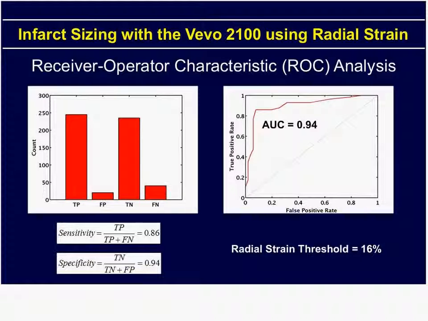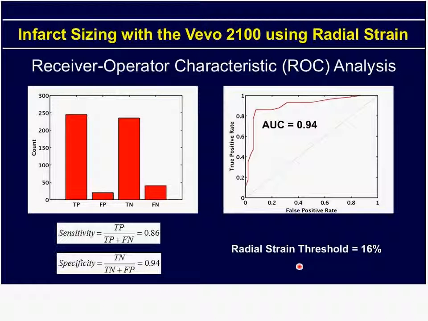So what we did was to apply a receiver operator characteristic analysis, an ROC analysis, and basically what we're trying to do here is to determine the threshold at which the radial strain detects the presence of infarction.